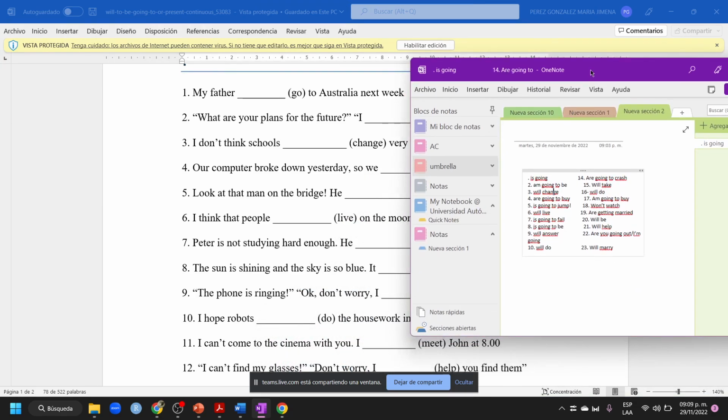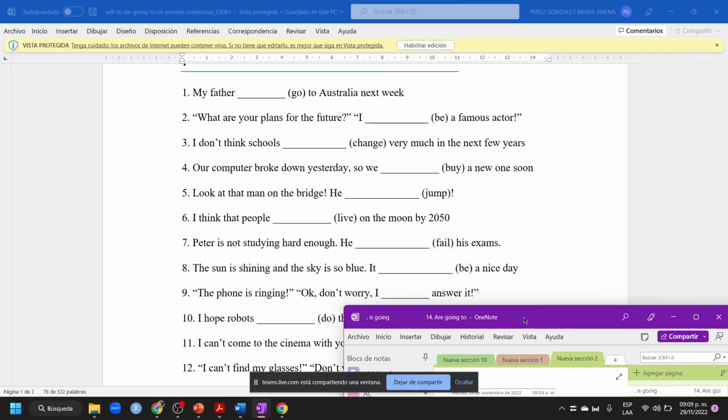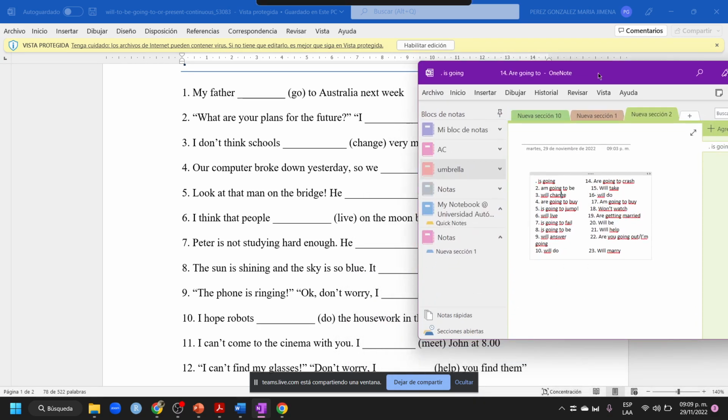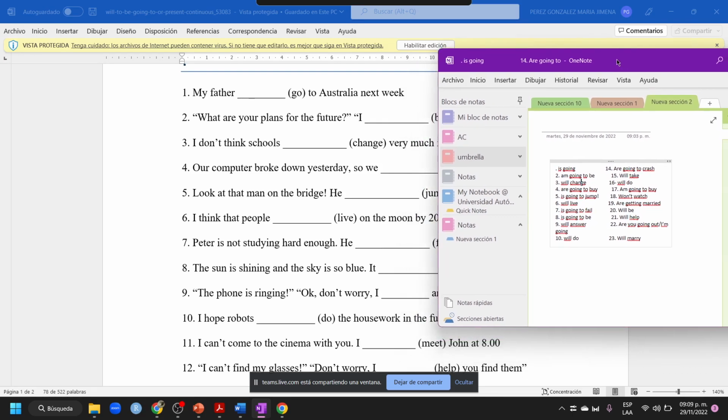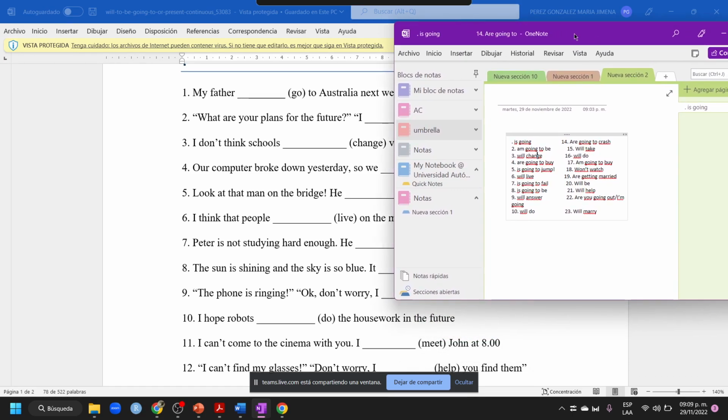Number 10. I hope the robots will do the housework in the future. Housework.